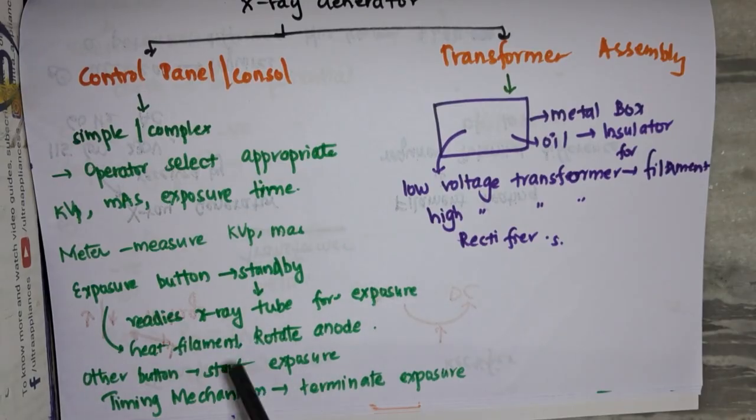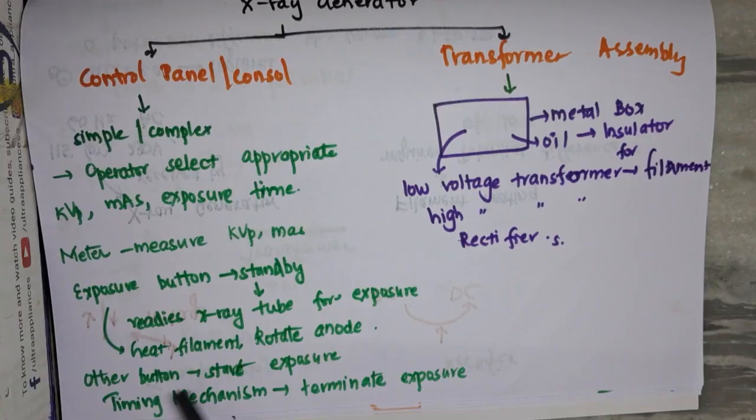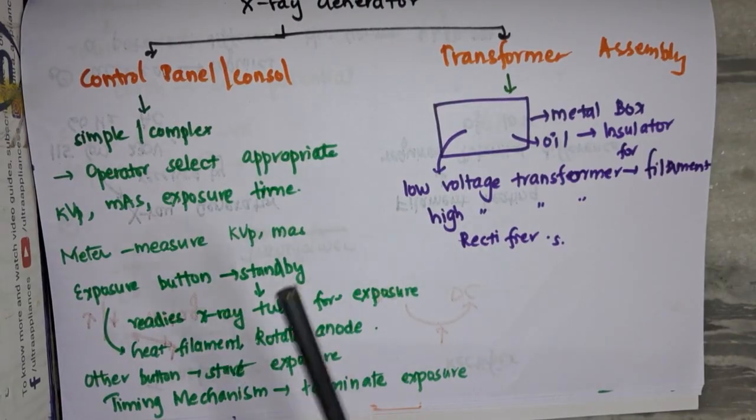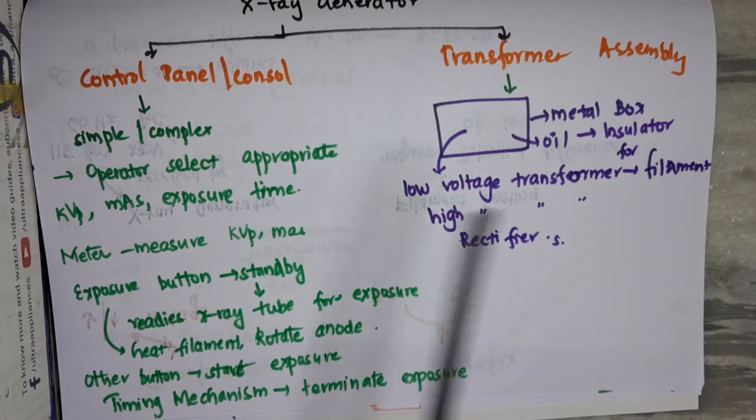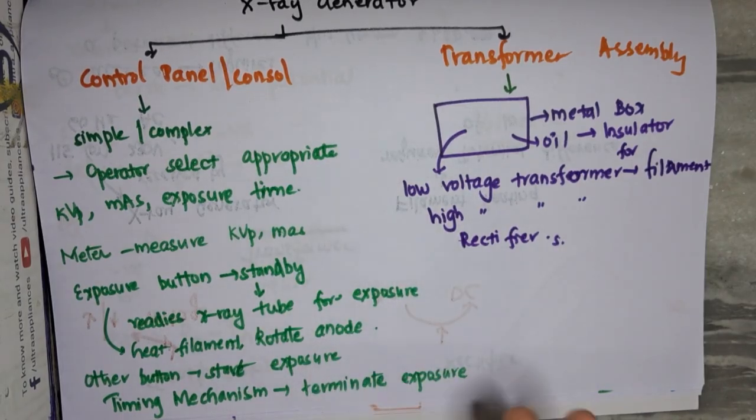Then there is the other button, which starts the exposure. When you press it, a little more electricity is passed between cathode and anode, which results in emission of electrons from the cathode, and they accelerate towards the anode.